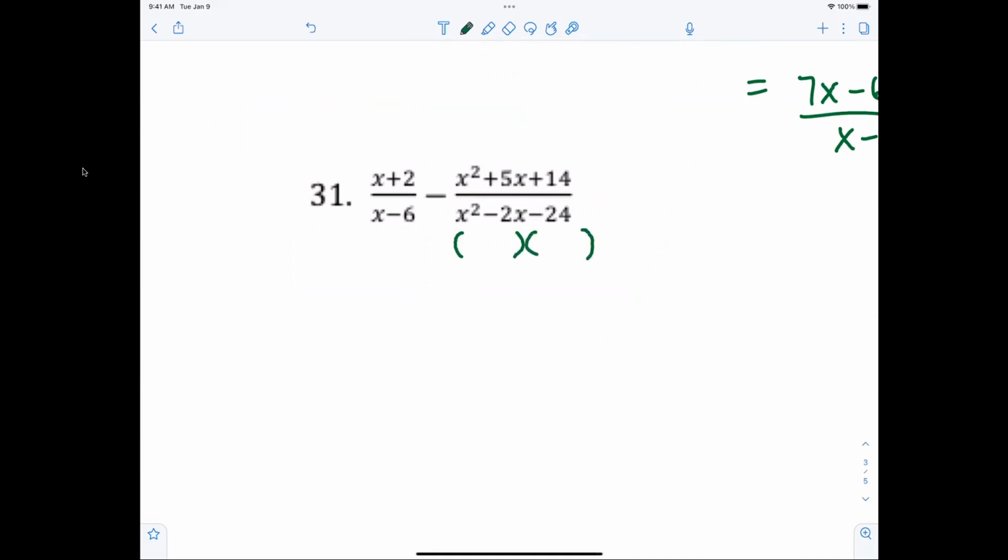What are you thinking the denominator is going to factor to? x minus 6 and x plus 4. Anybody have a problem with that?